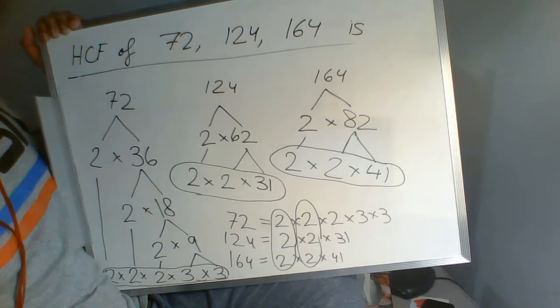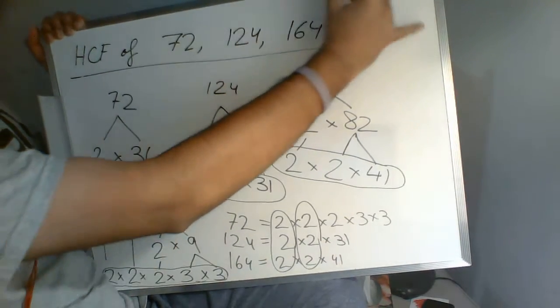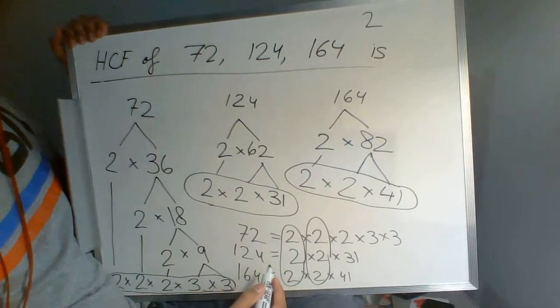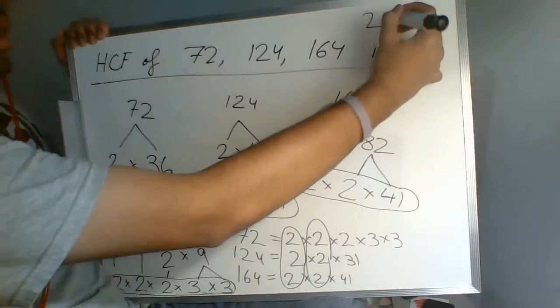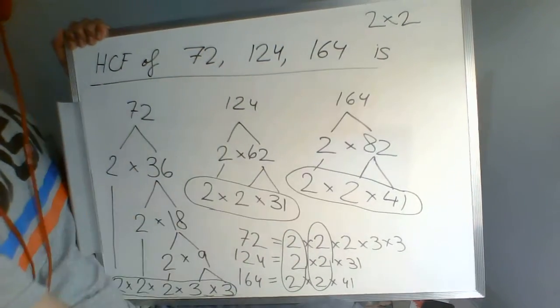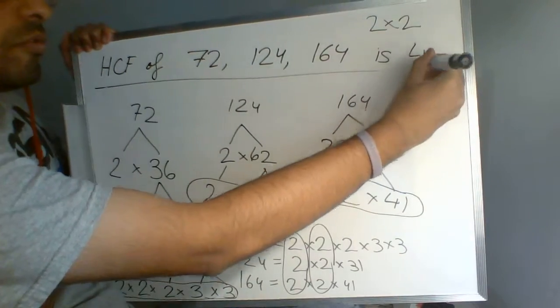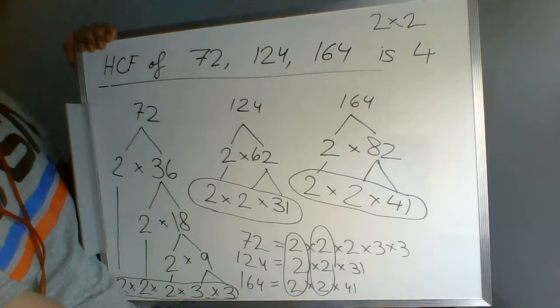So our highest common factor is just going to be, well, we've got a 2 represented by this bubble over here, so it's going to be 2, times the thing represented in the other bubble, which is another 2. So it's going to be 2 times 2, which is 4. Just 4. Nothing particularly special.